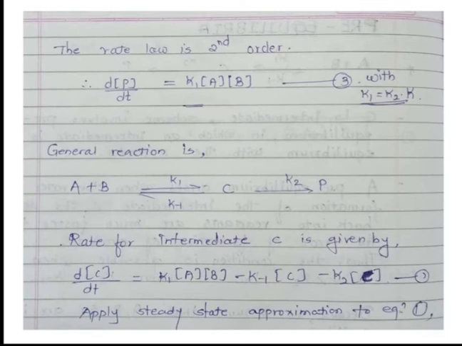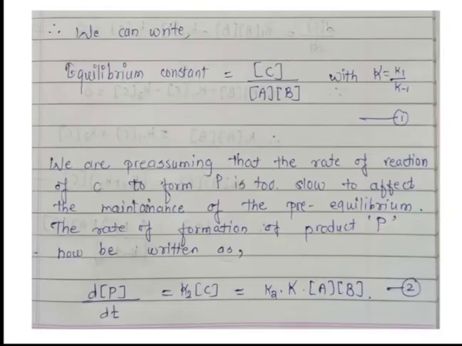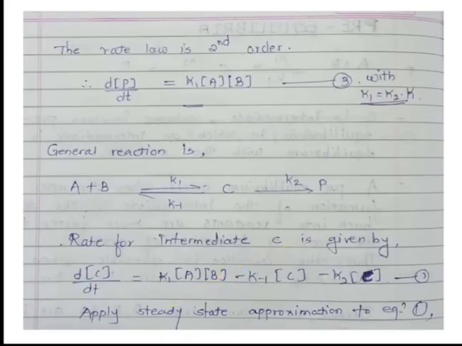And the rate law is second order. Here the concentration of A is raised to 1 and the concentration of B is raised to 1, and the order is the sum of the powers of the concentration terms. So 1 plus 1 is equal to 2, and the reaction is a second order reaction: A plus B gives product.